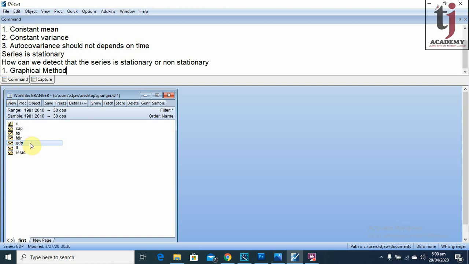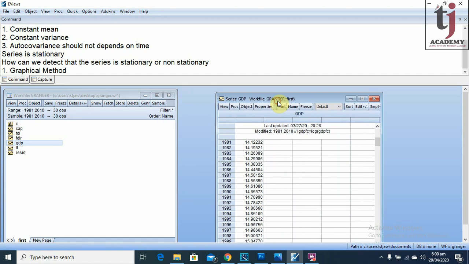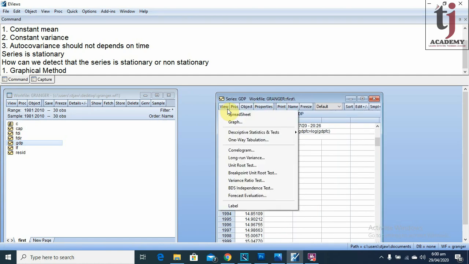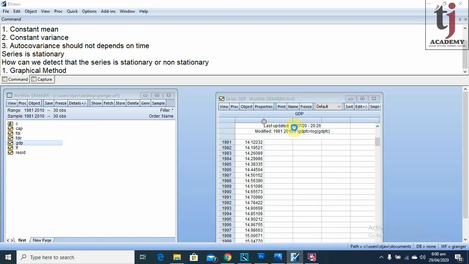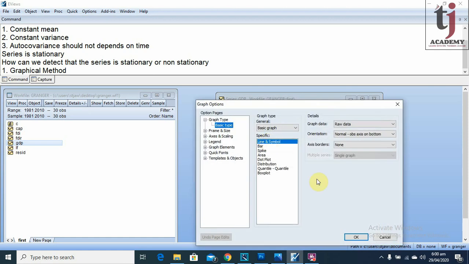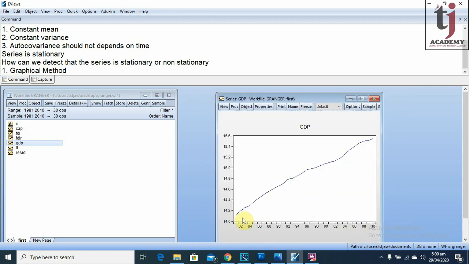We select the series, view, and make a line graph. In this series we can see the value is increasing over time. So this is an informal method, and after looking at the graph, we expect the series is non-stationary.